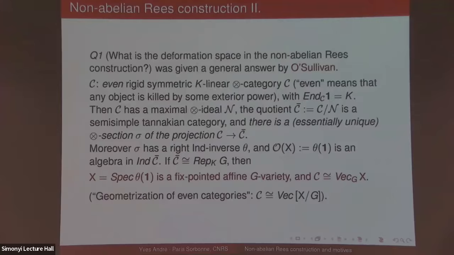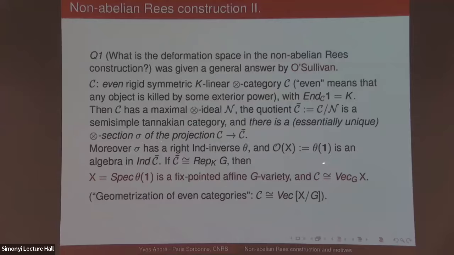So now let me go back to the question, admitting these very important facts. From the fact that C bar is semi-simple, it's very easy to see that such a section has a right inverse, which I denote by theta.